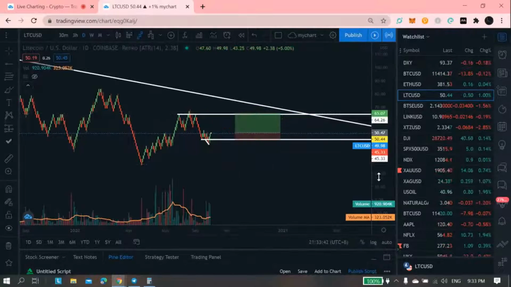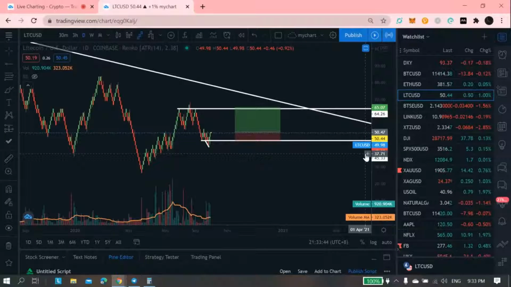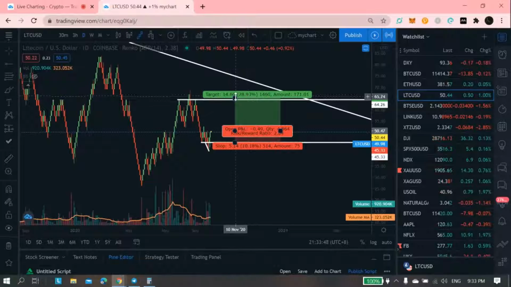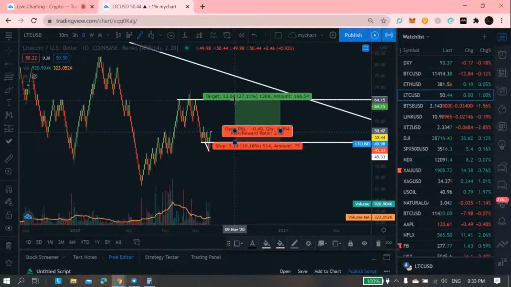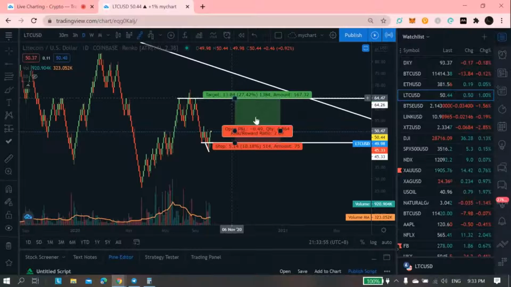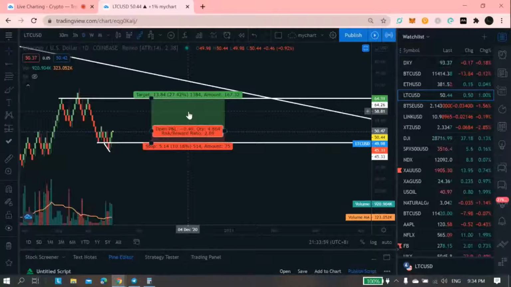Of course, you can also set your own strategy. Some traders accept a 1:1 risk reward ratio, but for me, at least 2 is what I'm accepting. At this level, the risk reward ratio is still 2.69.